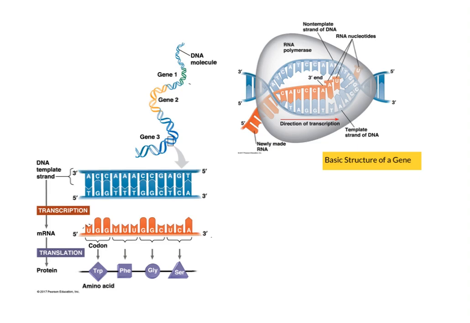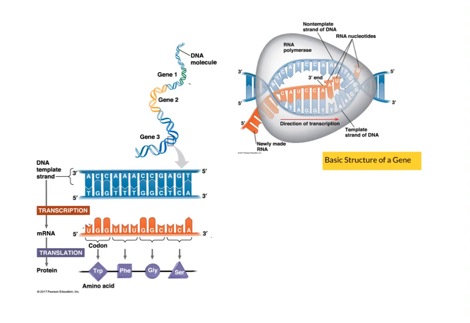Okay, so let's talk about our second objective for this lesson, which has to do with the structure of a gene and the main information flow that occurs within a cell. Let's start with that second piece. Whenever we describe the flow of information in a cell, what that's referring to is that in a cell that contains DNA, that DNA is split up into different segments that are called genes.